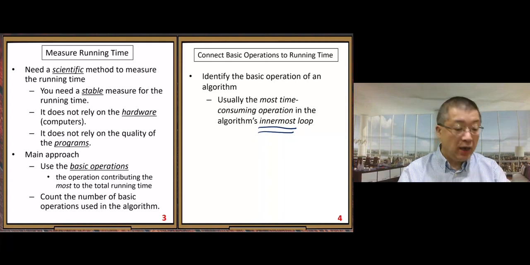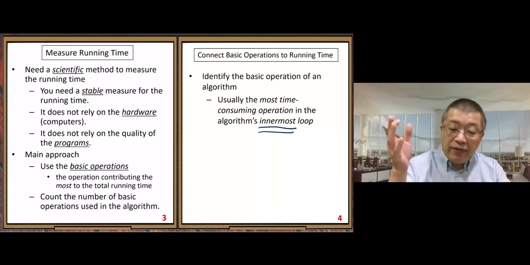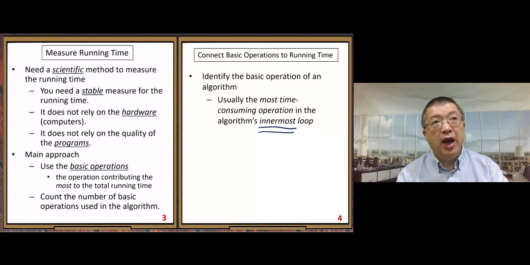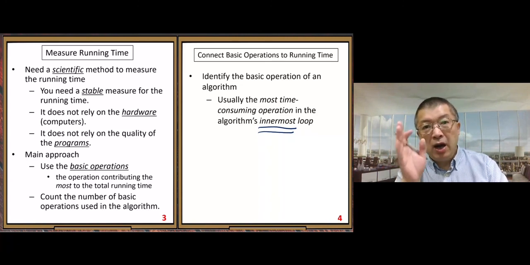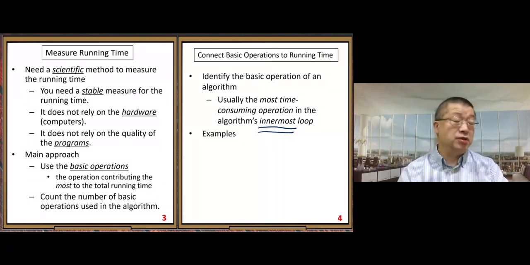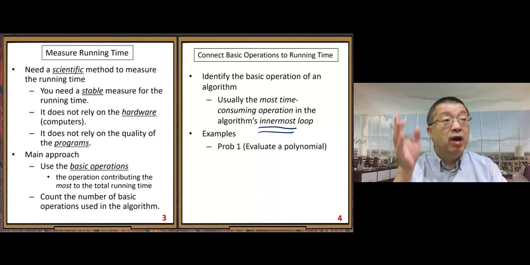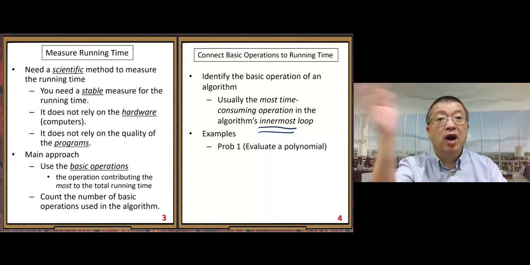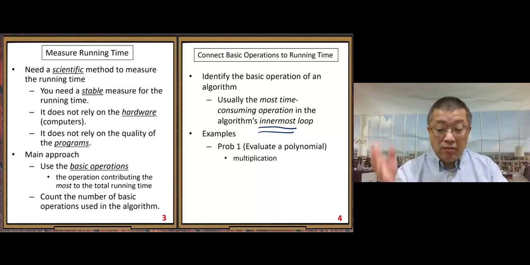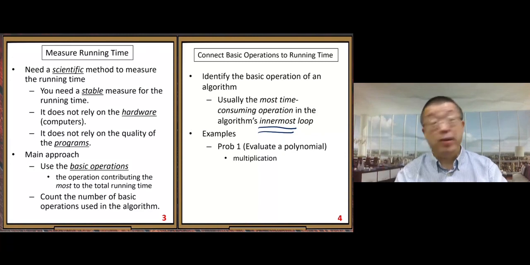All right. With this kind of description, we look back at our examples so we can quickly identify the basic operations. In problem number 1, evaluate polynomial, obviously multiplication is the basic operation, not addition, right?